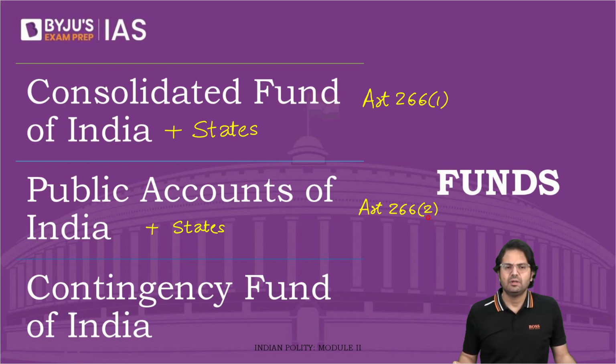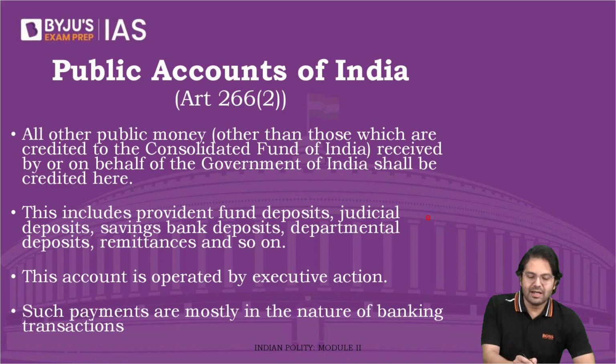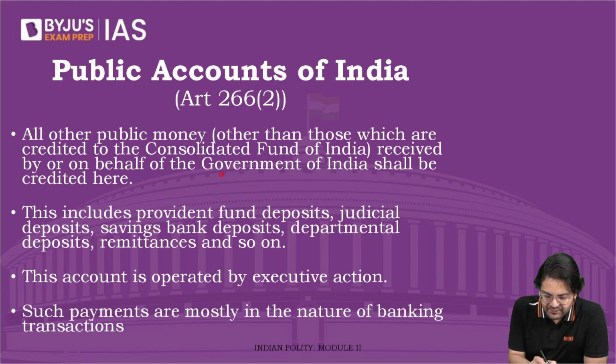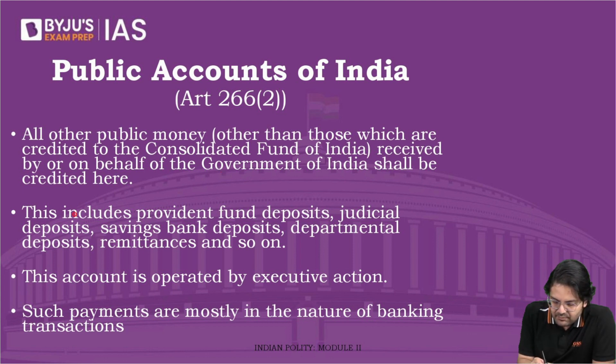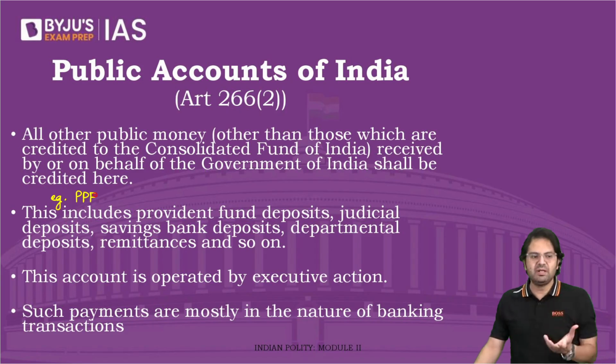Now, PAI refers to every other type of money, all other public money other than those which are credited to the CFI, which are received by government, are put in PAI. For example, provident fund, PPF account. Some of you who are working professionals would know that you can open a PPF account. That PPF account is your own money.